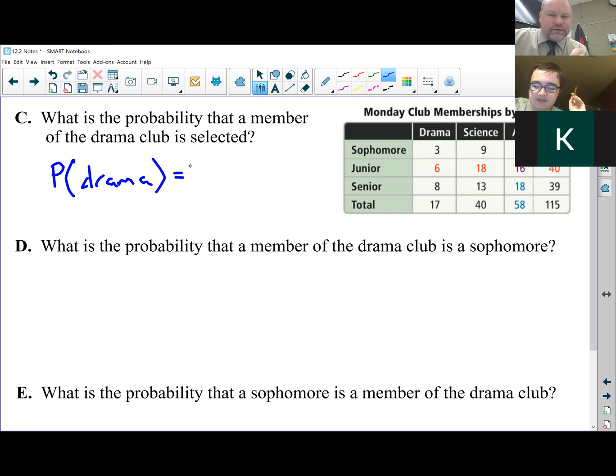Or 115, sorry. So 17 members in the drama club, 115 total. And again, we should check to see if we can reduce that. In this case, we can't.